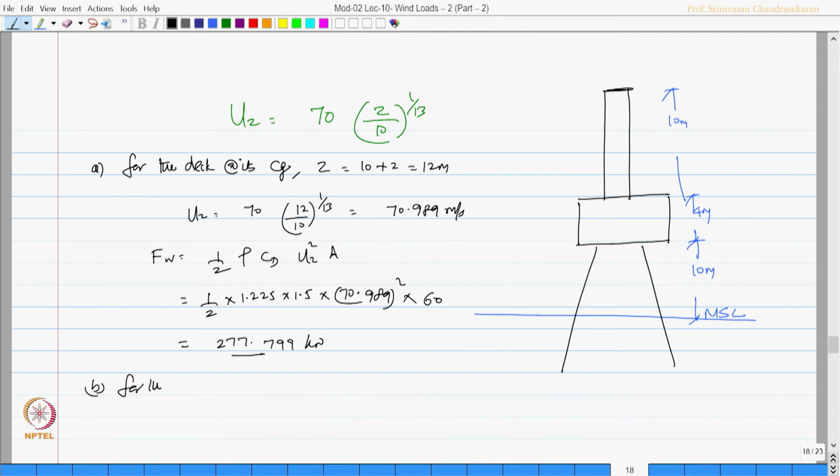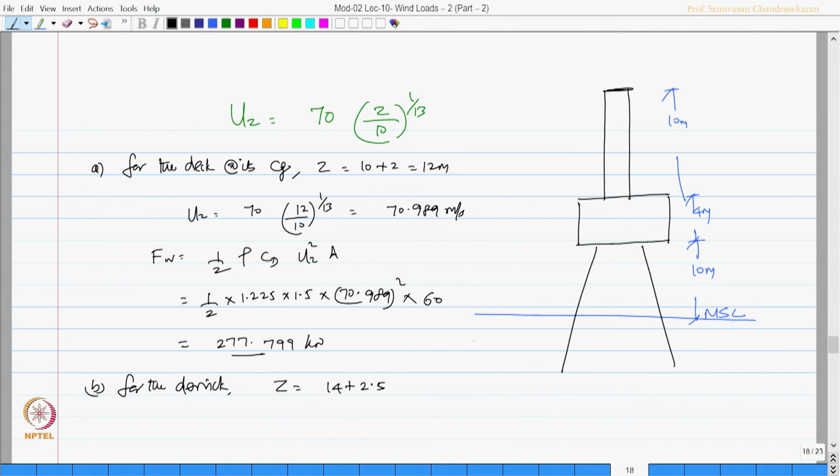Now, for the derrick, Z is going to be 14 plus 2.5, because we want to divide this into 2.